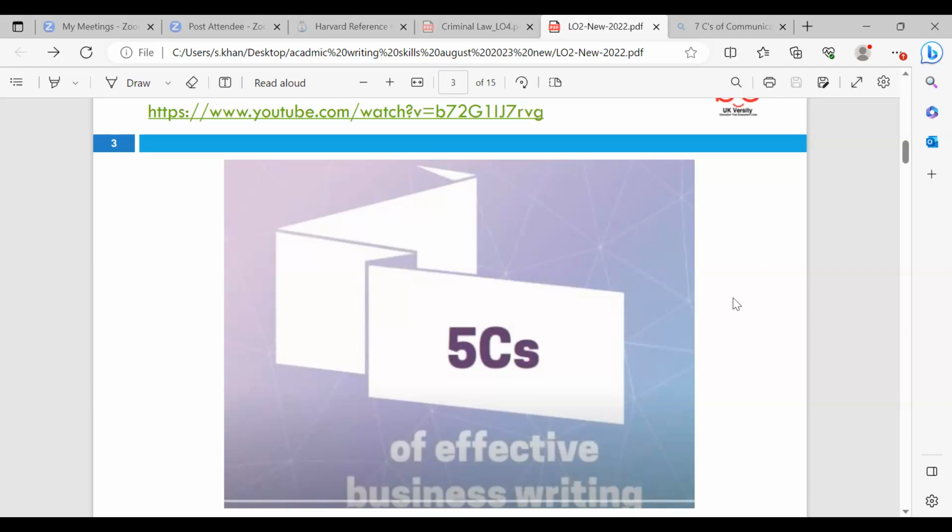What does that mean? Complete. I think putting the full stops and the question marks in place, and having all the necessary information there. It should be complete. And then it should be concise, so that means it should include all the necessary and relevant information again.